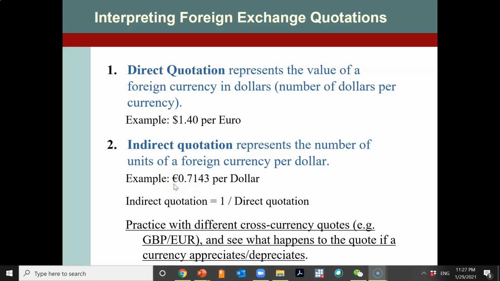This is indirect quotation. The relation between these two quotations is that indirect quotation equals 1 divided by direct quotation.